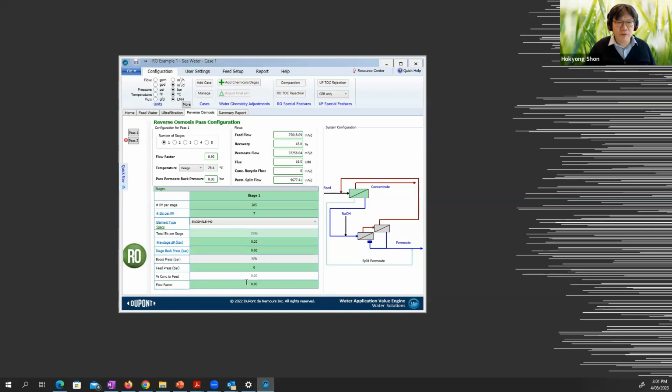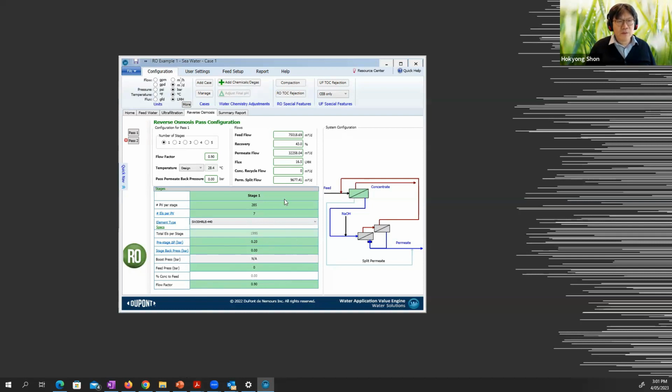But when you use your membrane, one year, two years, three years later, your membrane performance deteriorates, and you will have less performance, which means you will get very low flow factors, around 0.7, 0.8. So that's how it can be calculated.